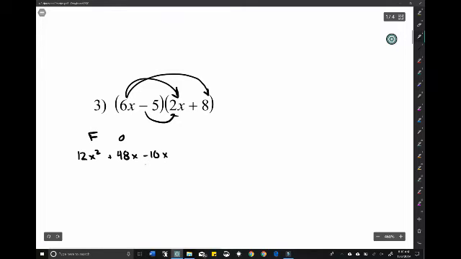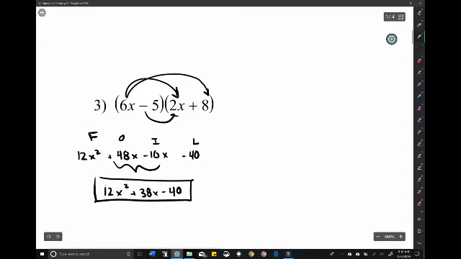That's our innards. And lasts, negative 5 times positive 8, negative 40. Combine our outers and innards: 12x squared plus 38x minus 40. Bada bing, bada boom, taken care of.